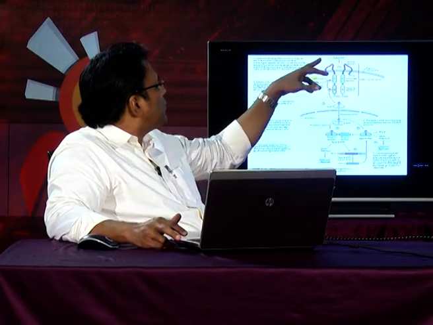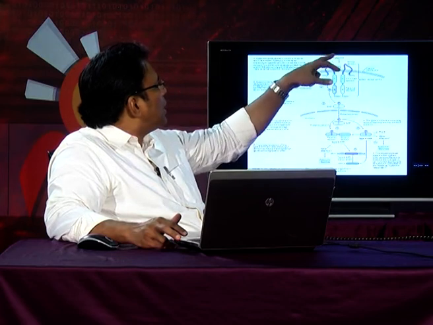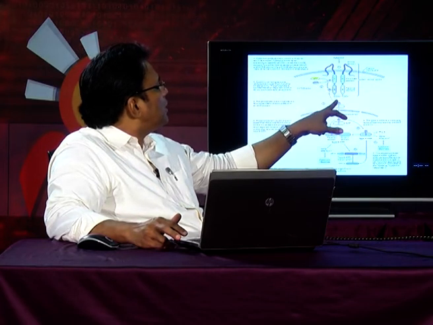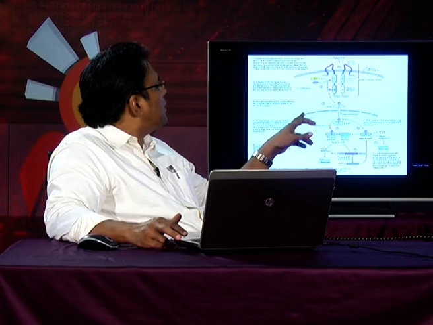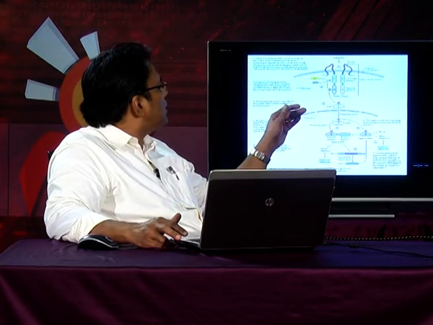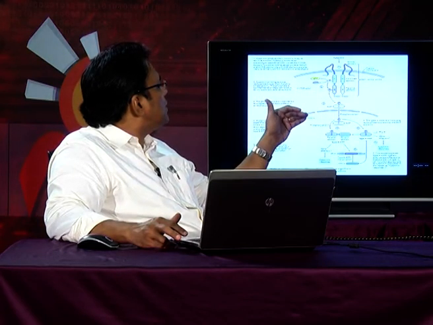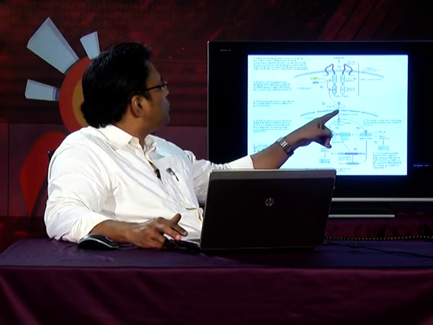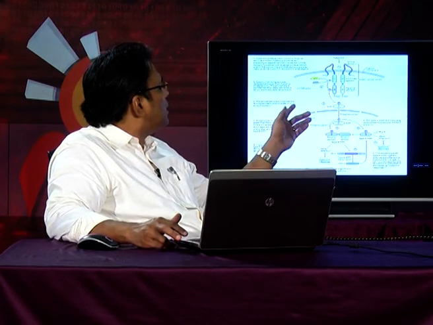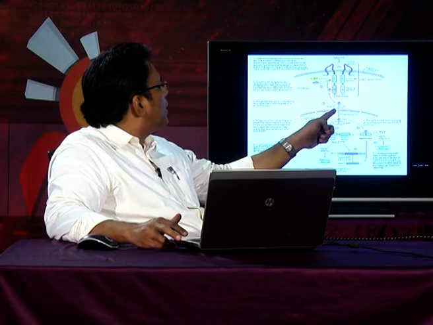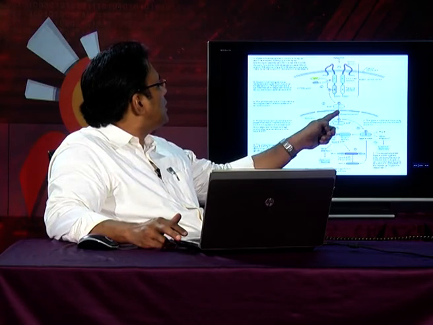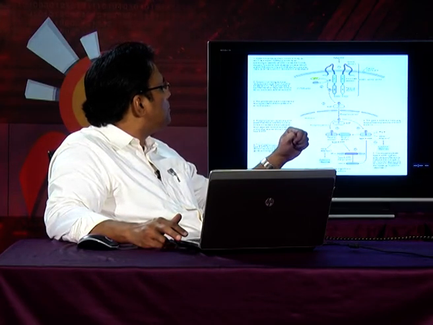Now, these are the first two steps: cytokinin binding, and phosphorylation of the histidine kinase. The third step is that the phosphate is then transferred to a conserved histidine present in the AHP protein. That is, the phosphate is transferred from here to the conserved histidine present in the AHP protein.